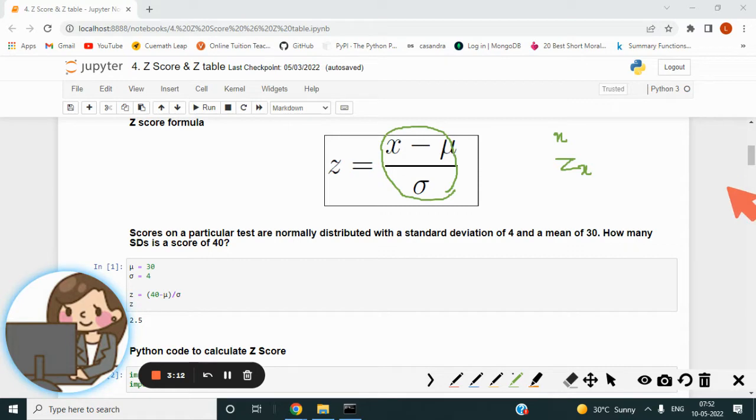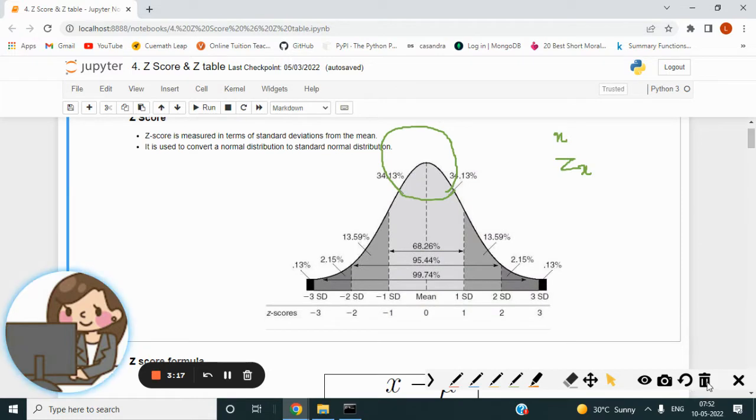In this manner, we'll also be able to understand how far a particular point is from the mean. Suppose you have a point over here. Its corresponding Z-score will be somewhere between 0 and 1, so we'll come to know it is 0.75 standard deviations from the mean.